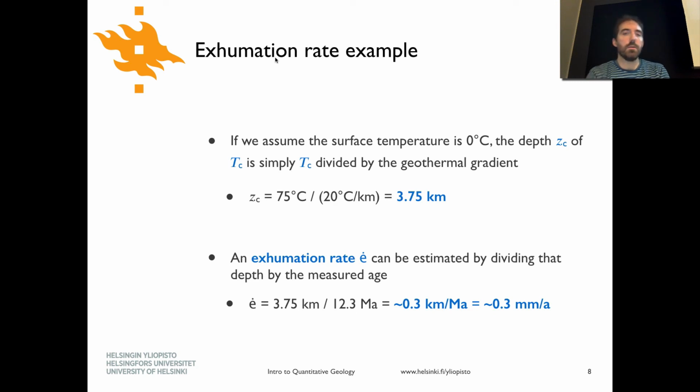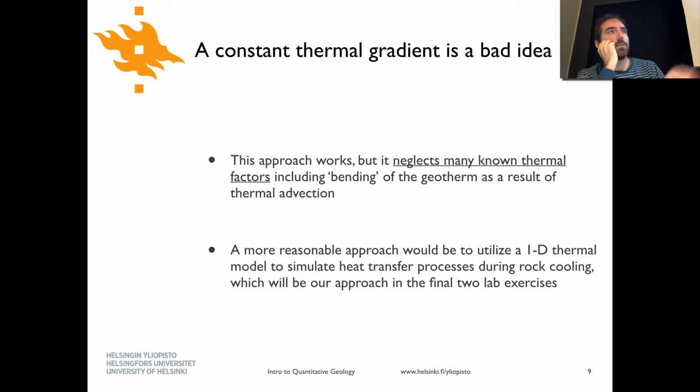The thing is that when we don't have a straight line for the temperature, we can't just calculate what depth a certain temperature is at, because we don't know the relationship easily of how depth and temperature are connected to one another. So because we don't want to assume that temperature increases in a straight line with depth, it's better to use some kind of thermal model.